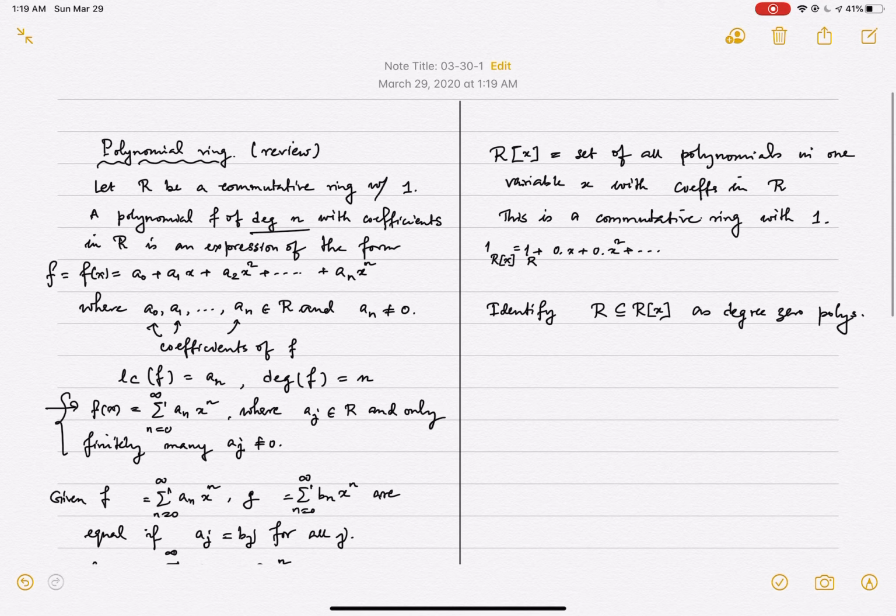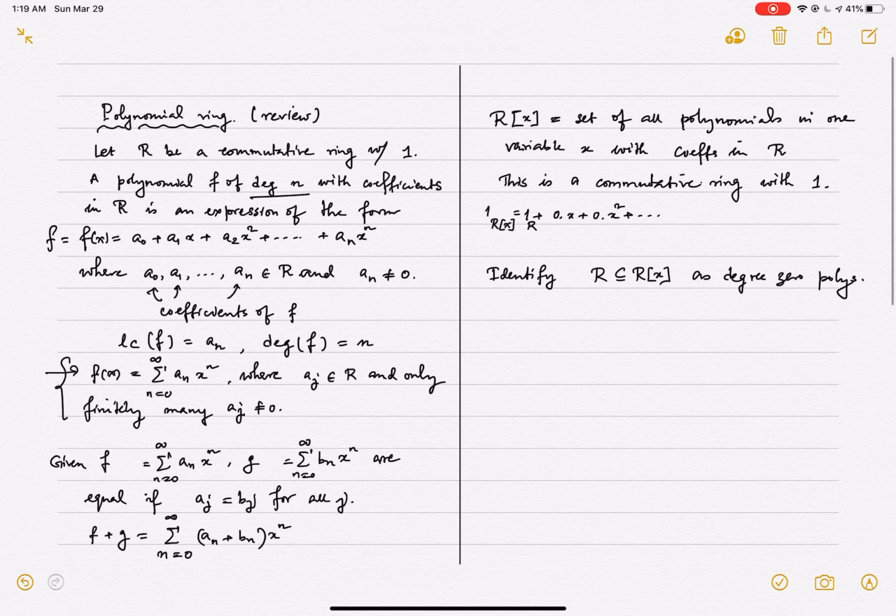And you can check the basic fact that if R is a domain, then when you multiply two polynomials, the degree adds up. That's sort of the key first thing that you have to prove. Let R be a domain.